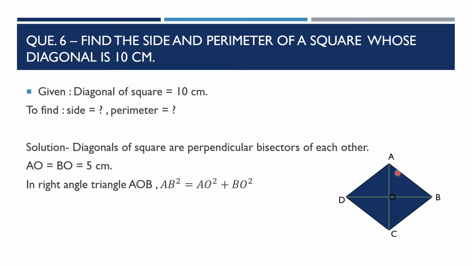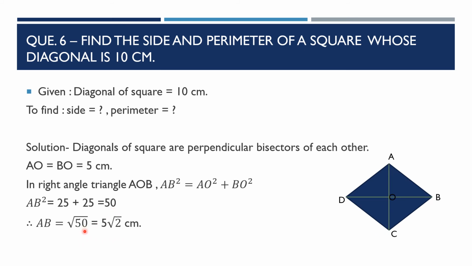Therefore using Pythagoras theorem we get AB square is equal to AO square plus BO square. Then putting the values, we get AB square is equal to 25 plus 25 is equal to 50. AB is equal to root 50.